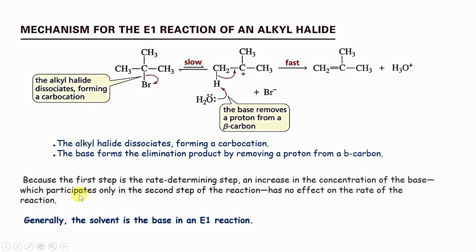Here, because the first step is the rate determining step, an increase in the concentration of the base, which participates only in the second step of the reaction, has no influence upon the rate of the reaction. Generally, in the E1 reaction, the solvent is the base. Here water acts as a solvent and takes part in the E1 elimination reaction of this alkyl halide.